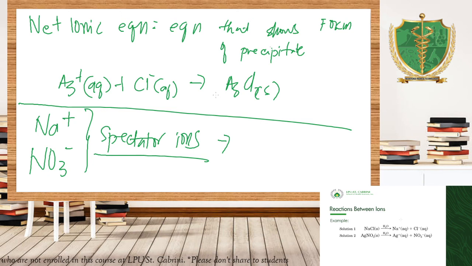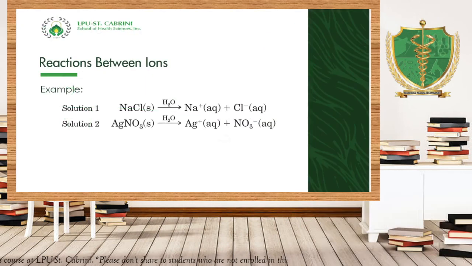These are the ions that do not form a precipitate. In other words, they do not participate in the reaction. They did not form a precipitate. Okay? So that is what we call spectator ions.